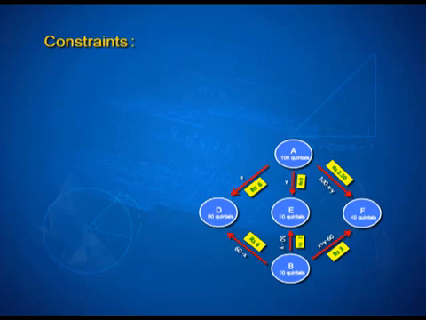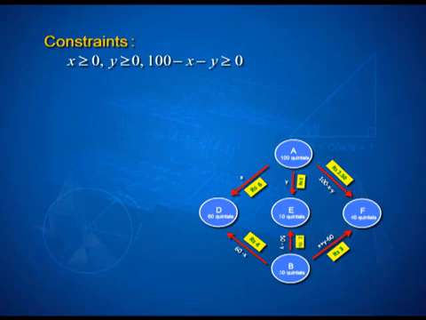Something very obvious. The amounts transported from godowns to the shops all have to be positive quantities, and that is where we start building up the constraints. And therefore, in this situation, we start with of course the assumption that X and Y are both positive. 100 minus X minus Y also must be greater than or equal to 0.